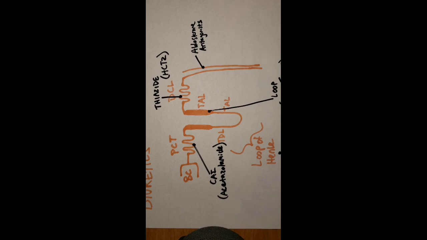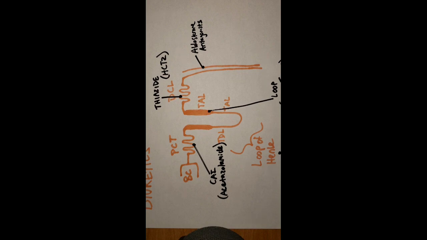Aldosterone is a hormone that in the kidney is responsible for reabsorbing sodium and excreting, or getting rid of, potassium. So the reason why aldosterone antagonists are known as potassium-sparing diuretics is because they inhibit the aldosterone receptor, thereby reducing the amount of potassium that is excreted from the kidney. And in doing so, it also holds on to sodium in the collecting tubule.